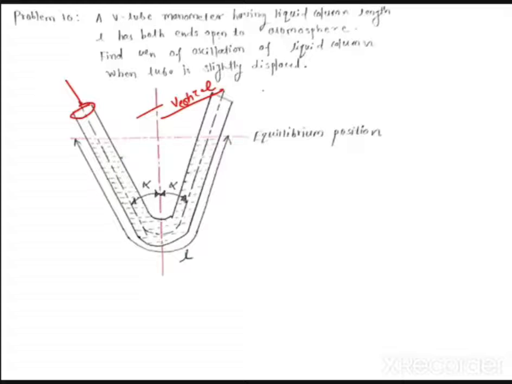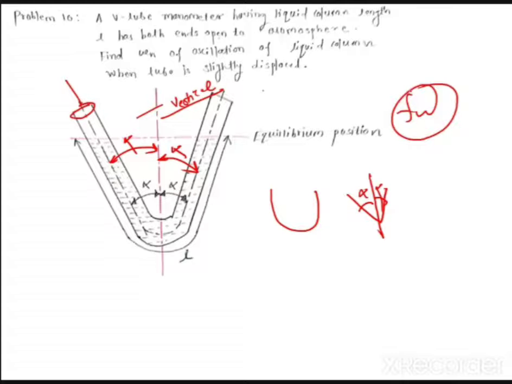So the angle between this vertical line and the center line of the tube is nothing but alpha. So instead of a U-tube manometer, they have taken a V-tube manometer, and the angle from the center is alpha. And now they are saying to find out the natural frequency.